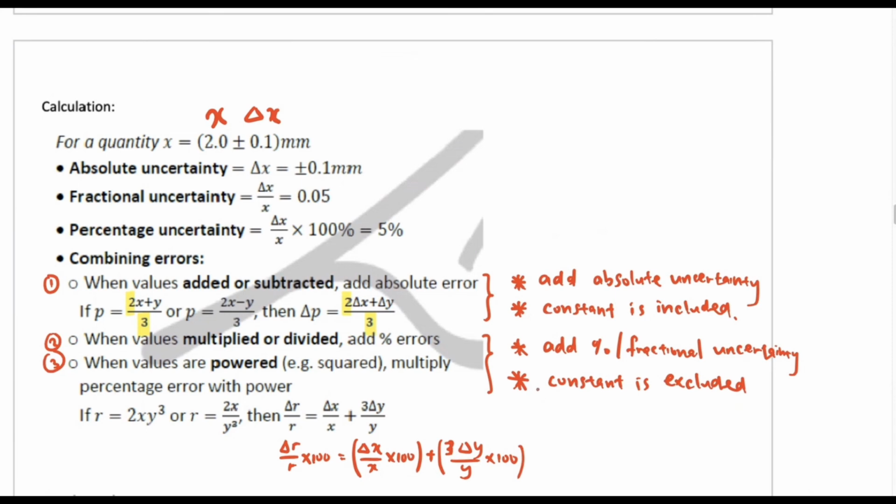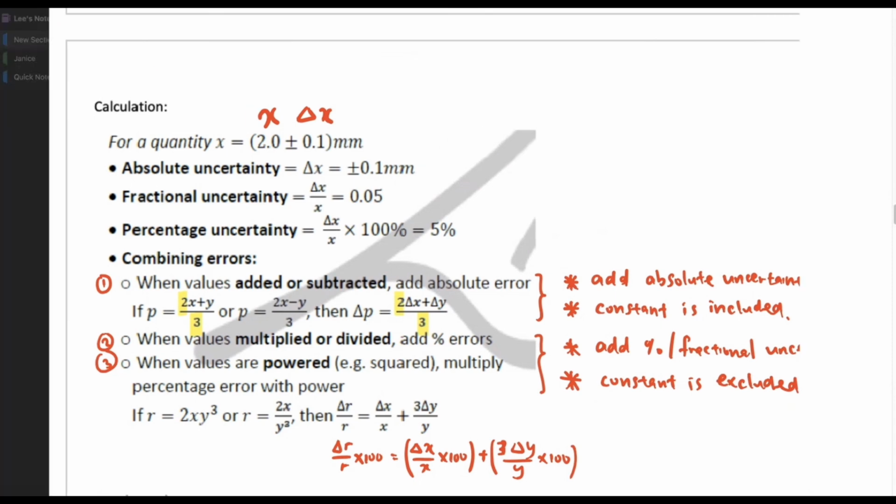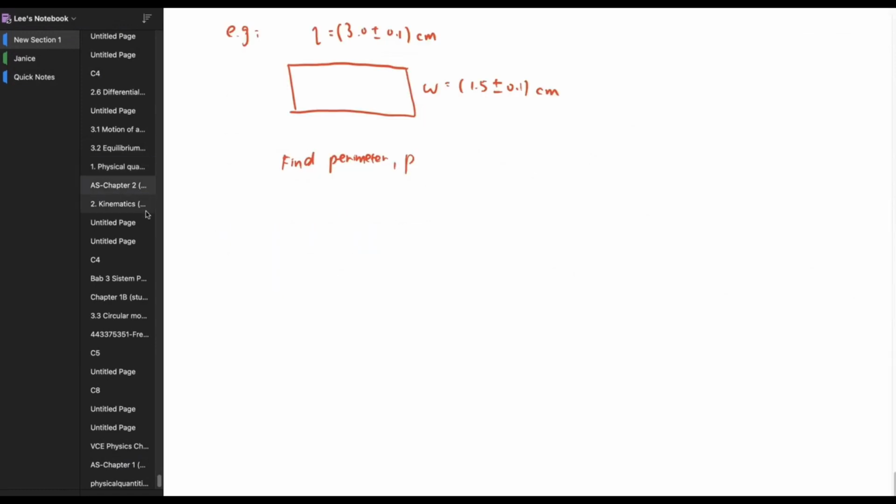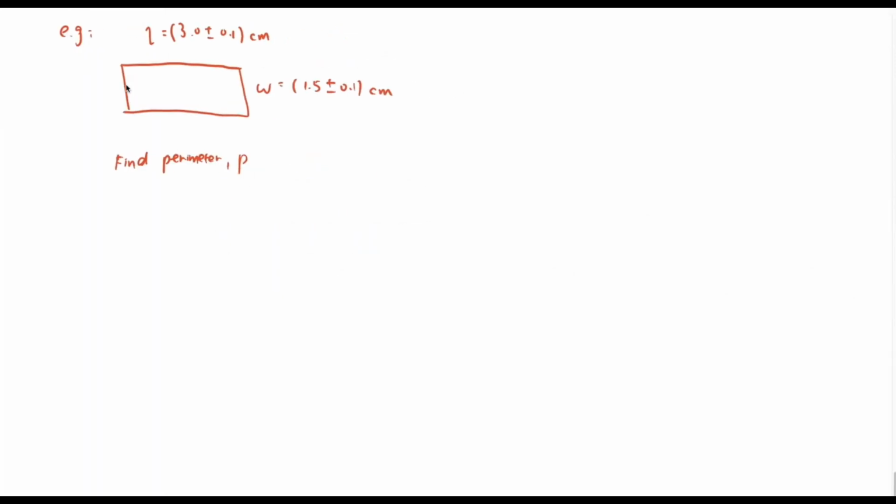Okay, so let's come back to our question here. We can easily know that the formula for perimeter is 2 times length plus 2 times W. So this is the addition of quantities. For the addition of quantities, we have to add absolute uncertainty.